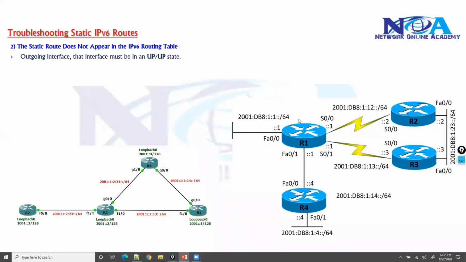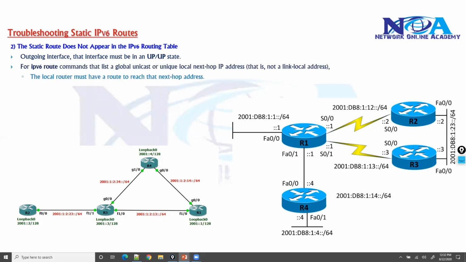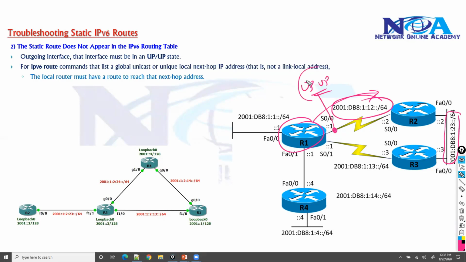Just like IPv4, we need to make sure that the next hop is up and up. Because when you're writing a static IPv6 route, let's say this is my destination network and this is my next hop, this interface should be up and up. If the interface is down, then the route will not be seen in the routing table, which means the next hop becomes unreachable.